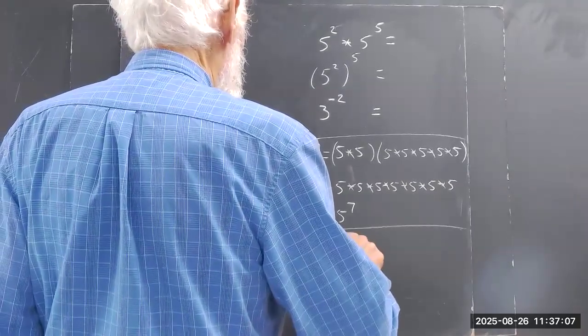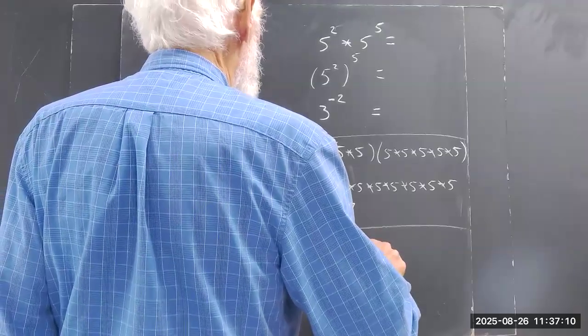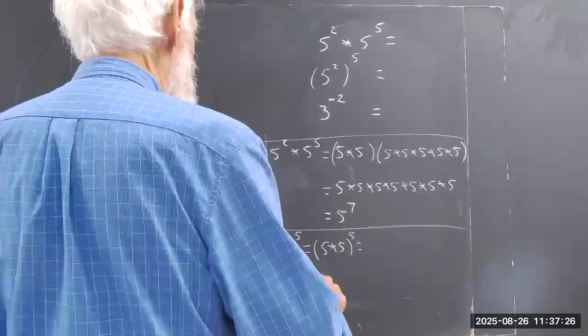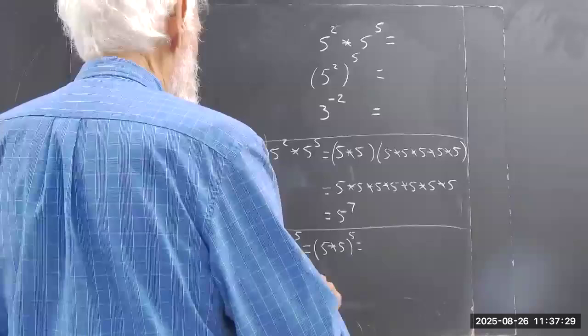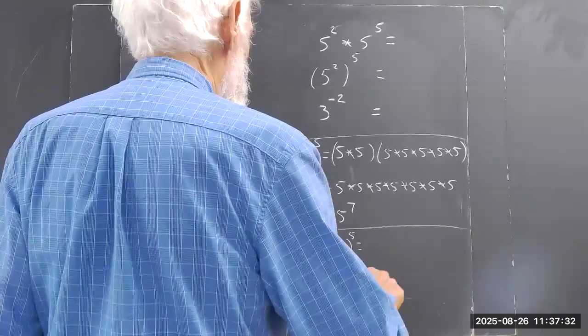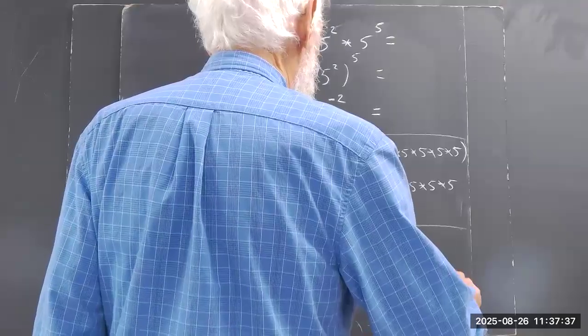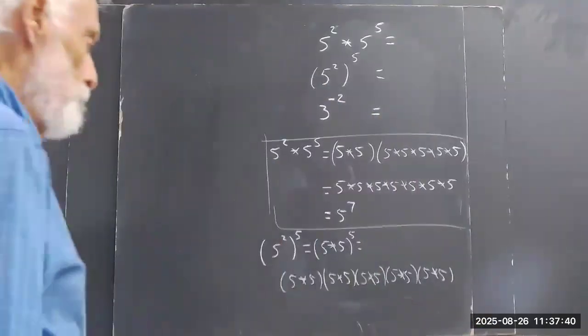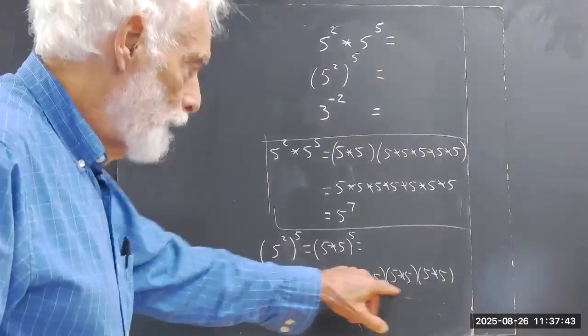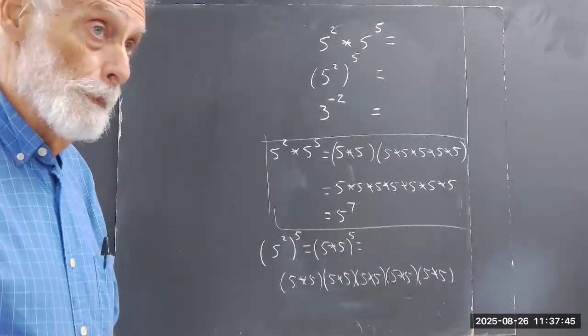So we could say that's 5 times 5 to the 5th. Five times 5, 5 times, all multiplied.